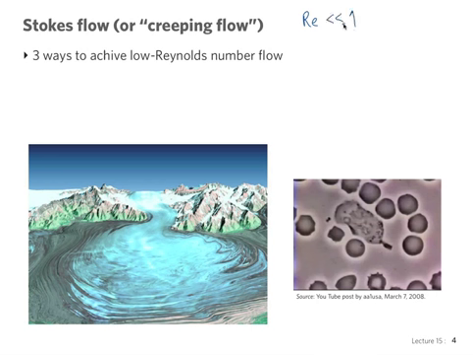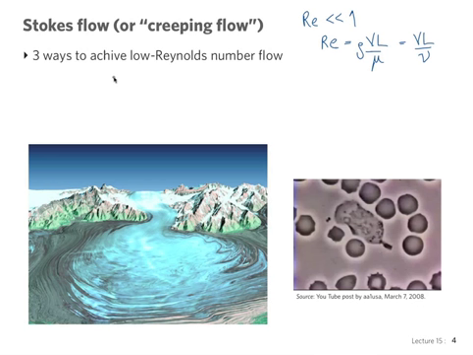In this situation, viscous effects completely dominate. So recall that the Reynolds number is rho V L over mu, or also we can use V L over nu, the Greek letter nu, which we use for basically just mu over rho for the fluid.